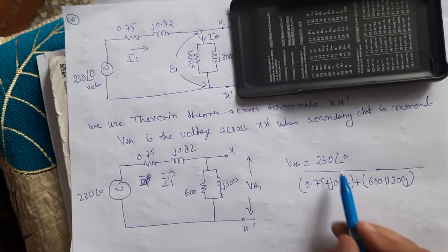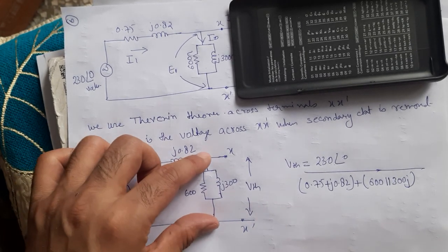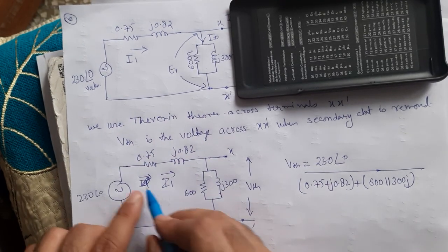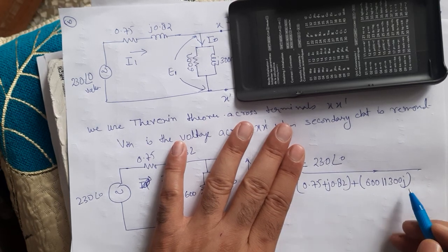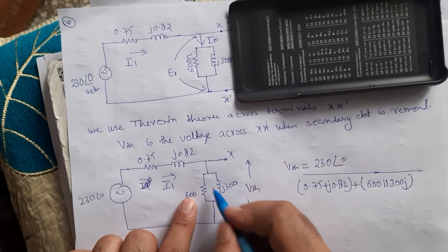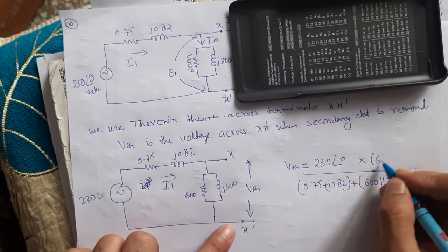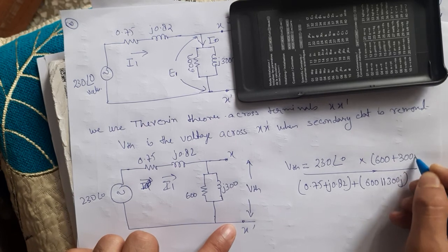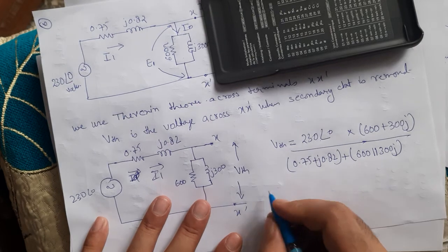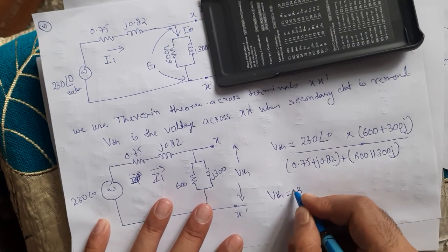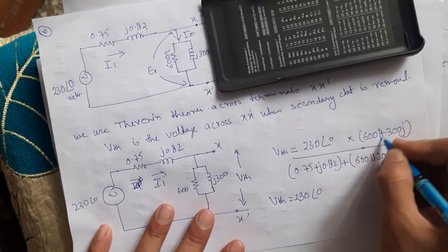This term gives me the current flowing in this circuit, but I don't want the current. I am interested in calculating VTH. So VTH is the current flowing, given by 230 angle 0 divided by this, multiplied by the impedance of these two parallel branches. This is the current multiplied by the impedance, 600 parallel 300j, not plus.